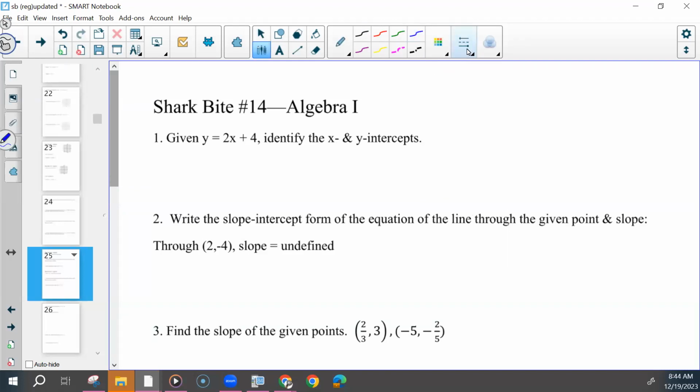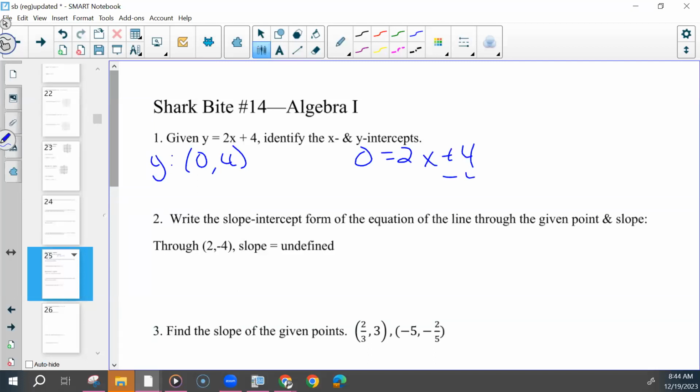For number 1, given this equation, identify the x and y intercepts. Well, the y intercept is pretty easy because it's already there. So 0 and 4. The x-intercept we have to solve for, put 0 in for y. And solve.